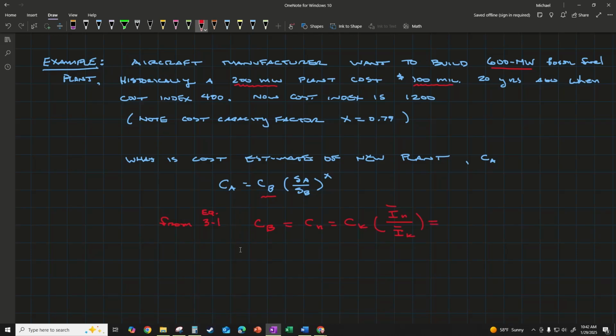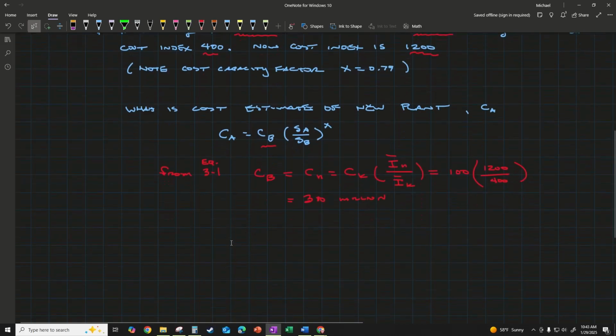In our case, Ck was 100 million from up here, and the index we're going to use is our 1200 over 400. So we pull those from our cost indexes. That gives us a CB equal to 300 million.